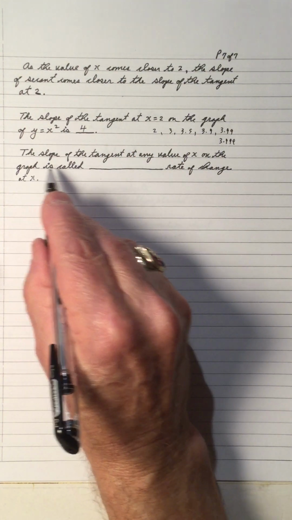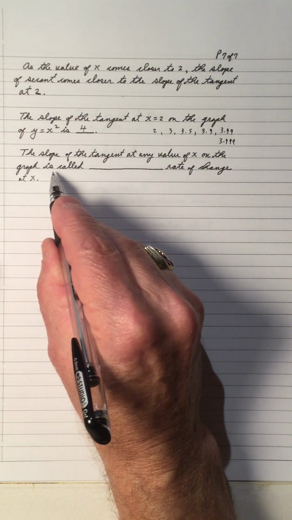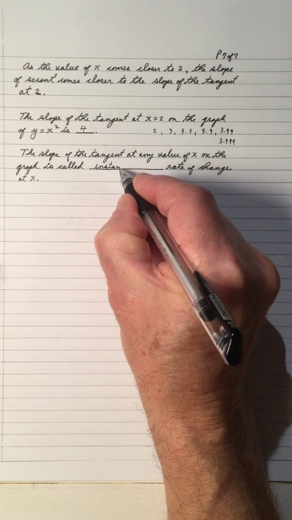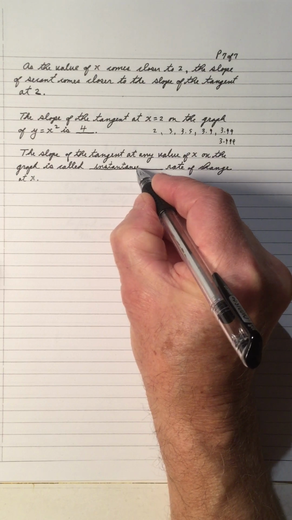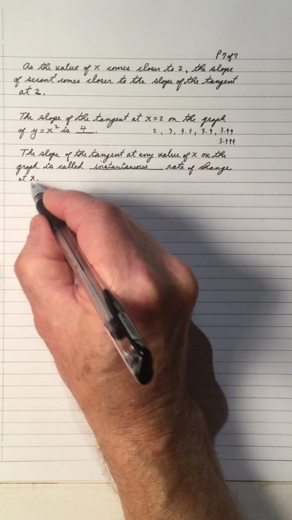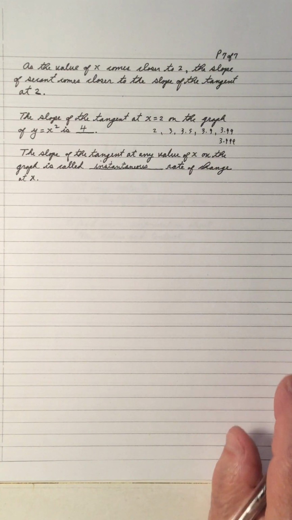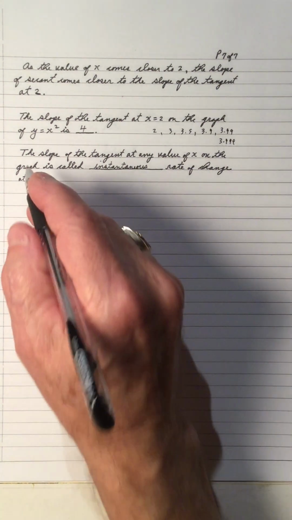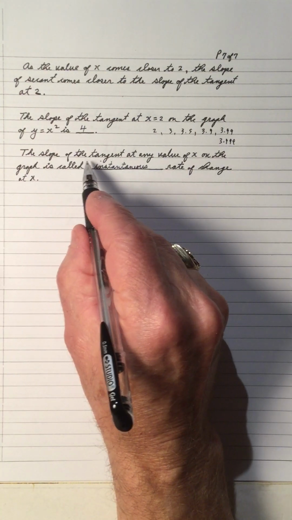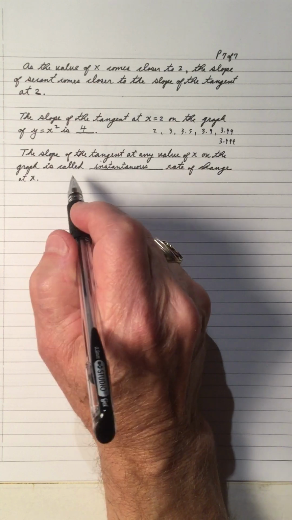So the slope of the tangent at any value of x on the curve is called, and we're going to call it, the instantaneous rate of change at that value of x. So the instantaneous rate of change at a point, at a value of x, is the slope of the tangent to that curve at that value of x, or at that point.